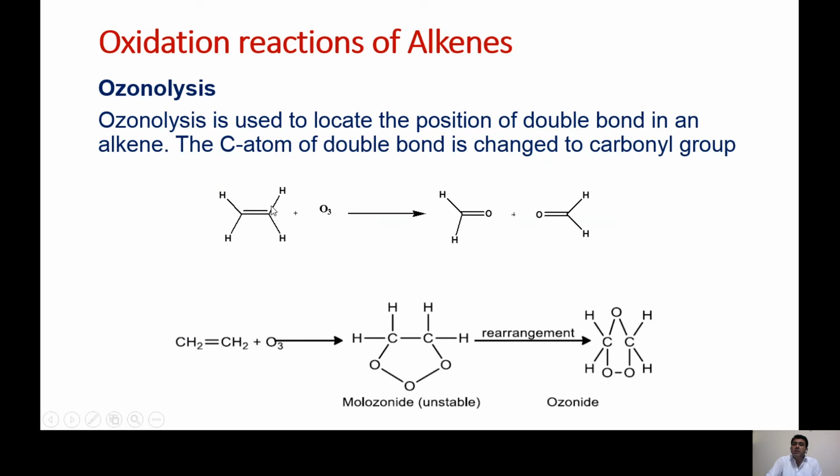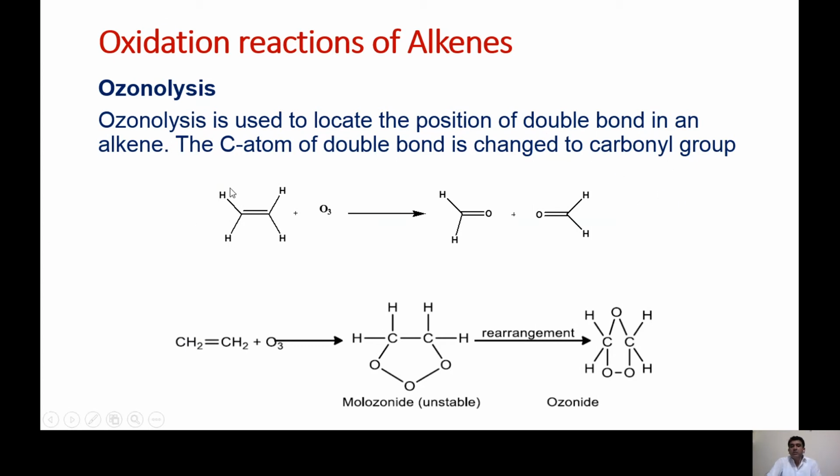Previously only the pi bond broke, but now both bonds are going to break, and we get the oxygen over here. This is why ozonolysis is used to locate the position of a double bond in an alkene. Where the double bond breaks, we convert it into the carbonyl group.